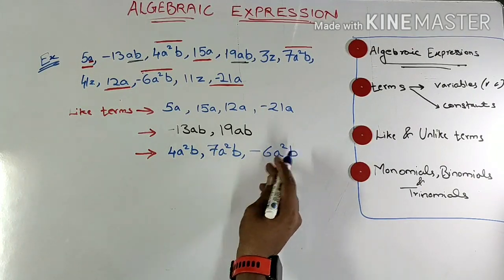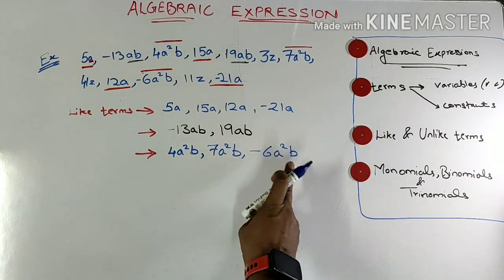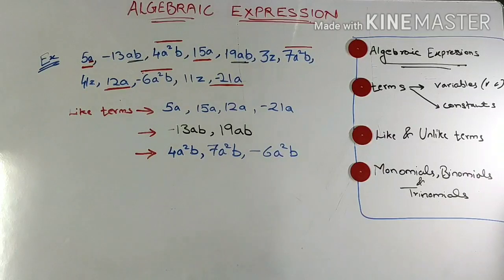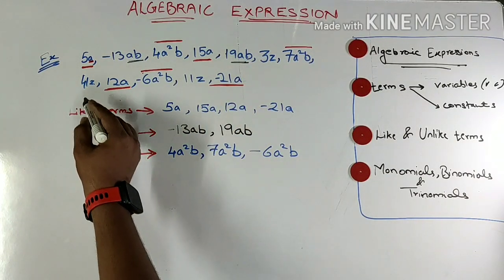Always remember, if it's a negative term, the minus sign should be there along with the term. Now what are the remaining ones? The remaining ones are z. There are only 4 types of like terms in this bunch or collection.